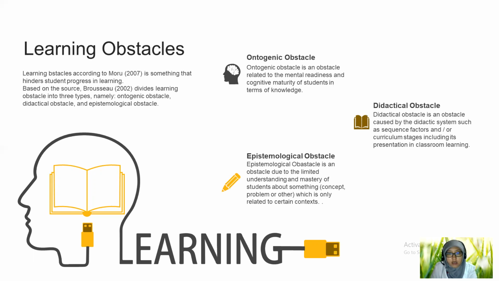And the last, epistemological obstacle. Epistemological obstacle is an obstacle due to the limited understanding and mastery of student about something, like a concept, problem, or other, which is only related to certain context.